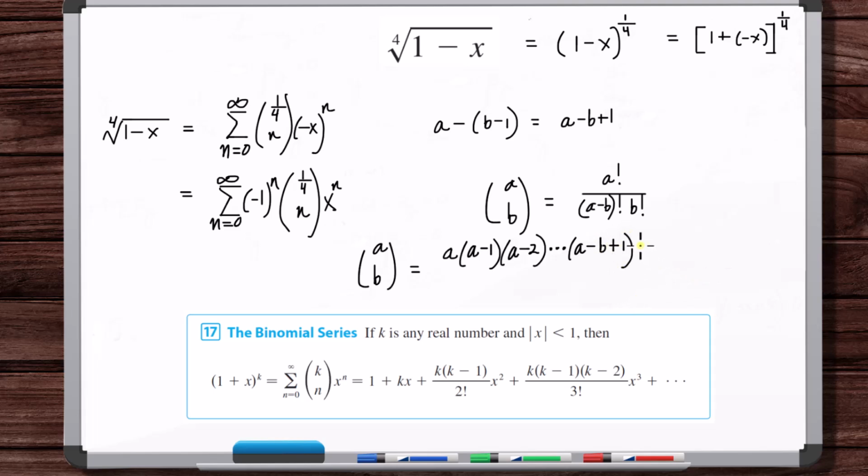Okay, and then what we're left with is a minus b factorial, right? This is a factorial. So then over a minus b factorial, b factorial. So these cancel.